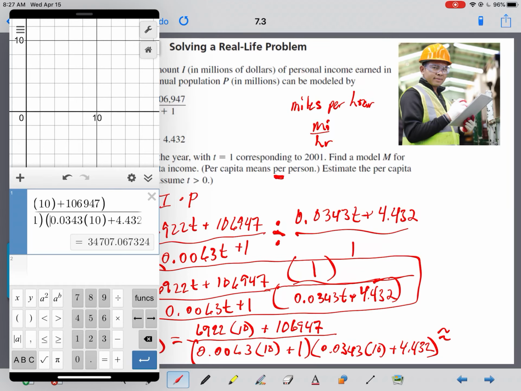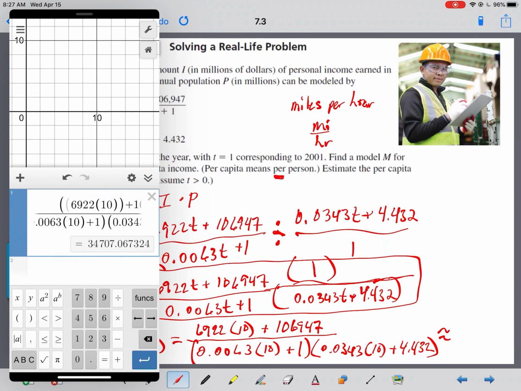All right, did I get all of my decimal places and stuff in there? Close. There we go. That times that. Up here. Yeah, I think I need that.